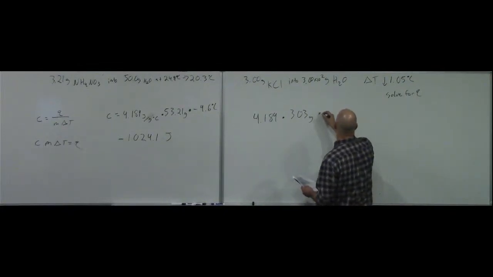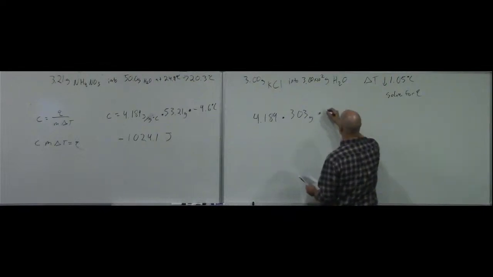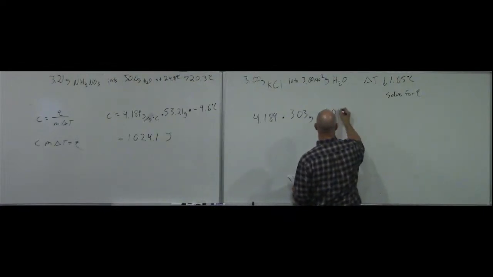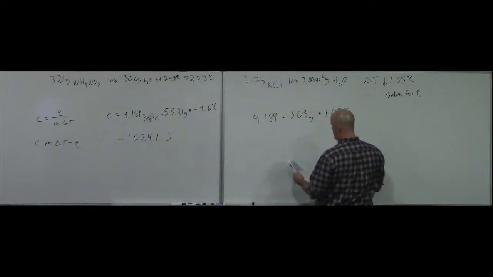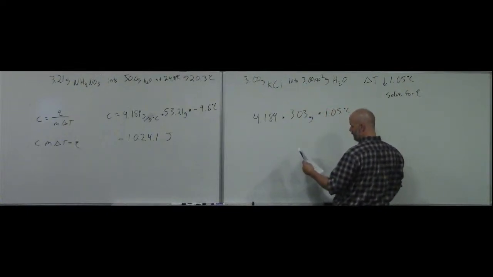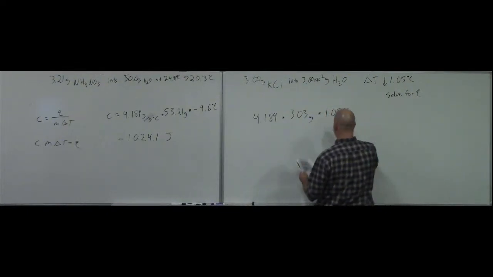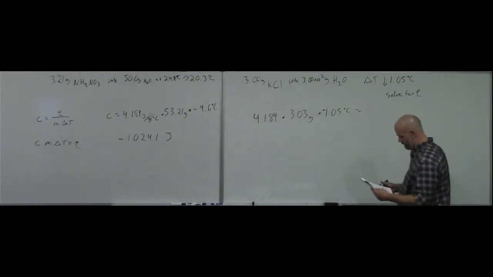And I multiply that by my delta T, which is 1.05 degrees centigrade. Now, is this positive or negative? Negative. Okay. So what do you get?